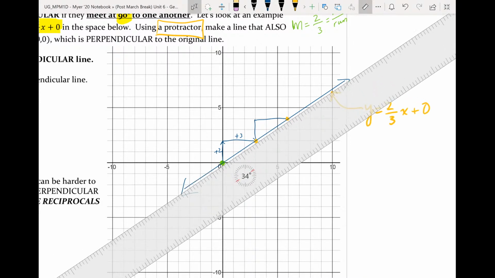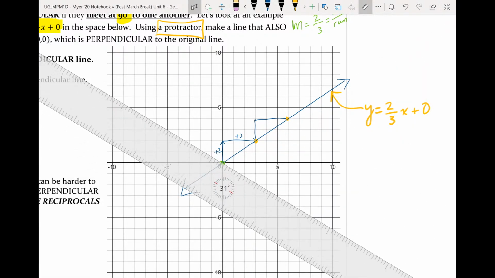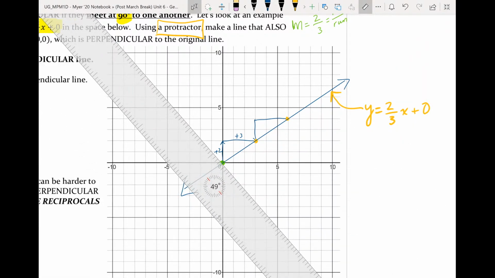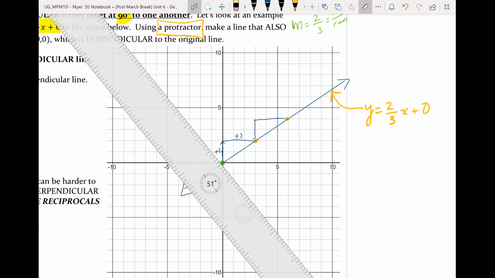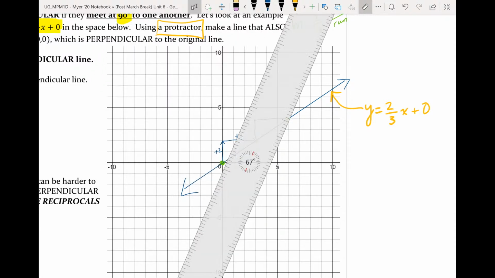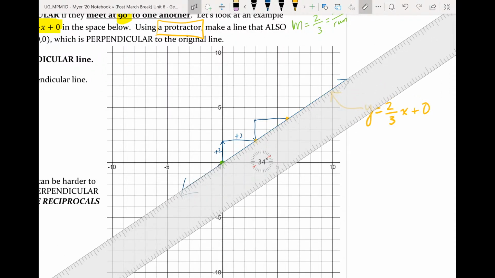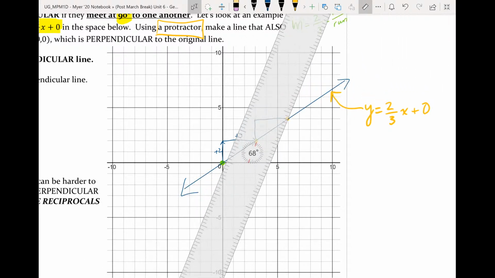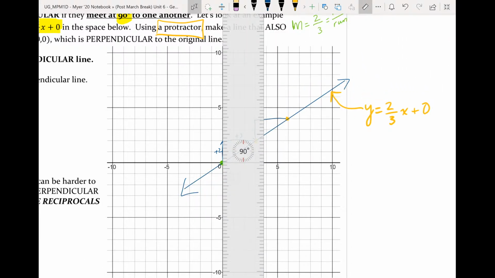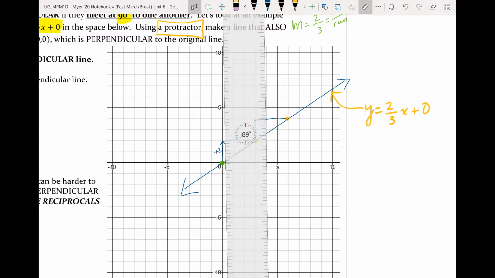So 34 plus 90 is 124. Actually, maybe the other way would be better because it's going this way. Okay, 34. Yeah, so we're going to go this way. So it gets to 90. So that's 56. So we have to add another, what, 34? Yes.